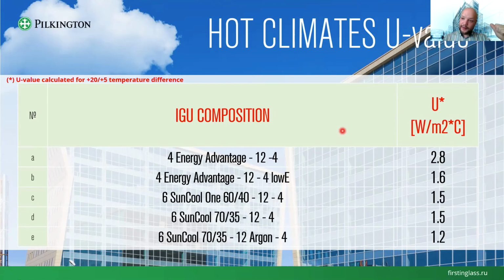And if you do a calculation of building energy performance based on these results, then you will understand that with a good U value, you may reduce your air conditioning by up to 25%, and that gives you a huge saving if, for example, you are building an office building, which is air conditioned 24/7 all the time.